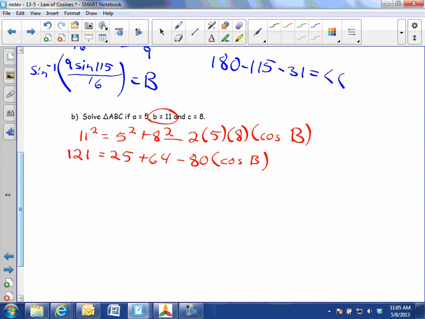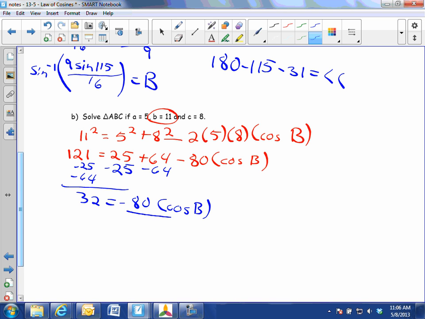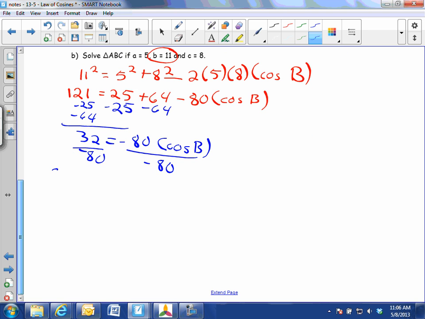Okay, then what would we do? Minus 25 minus 64, divided by negative 80. Take the negative. I'm getting 32 here. The inverse cosine of whatever 32 over negative 80 is.